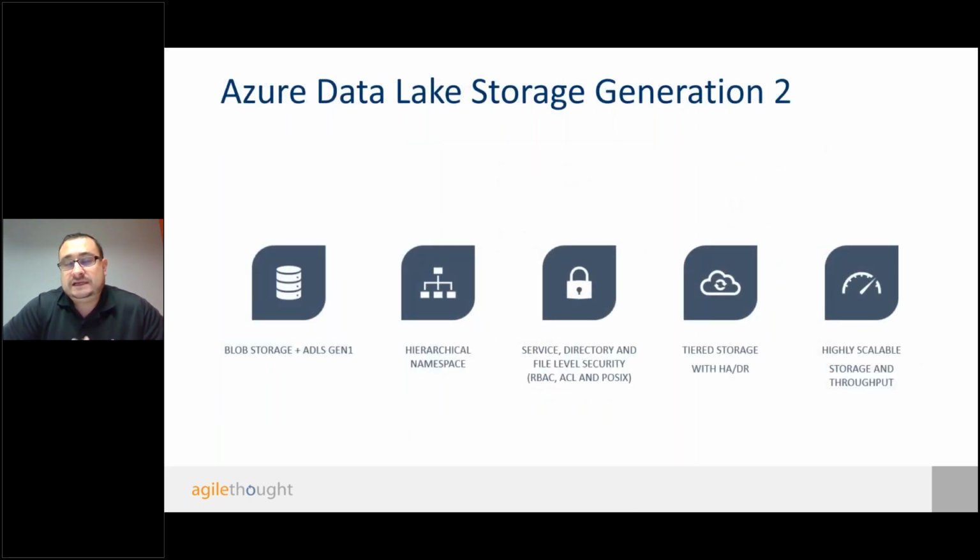In terms of Azure Data Lake Storage Generation 2, there are some new features and capabilities that have been added. And part of these capabilities is the combination of blob storage along with ADLS, or Azure Data Lake Store Generation 1. So Microsoft brought the best of both worlds together into what's now called Azure Data Lake Storage Generation 2.